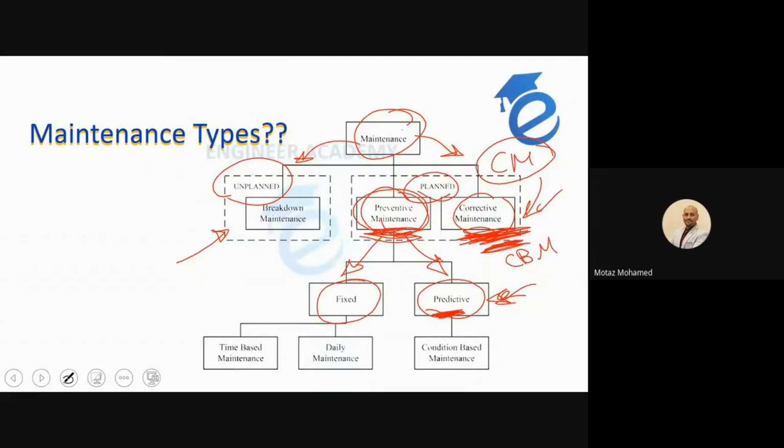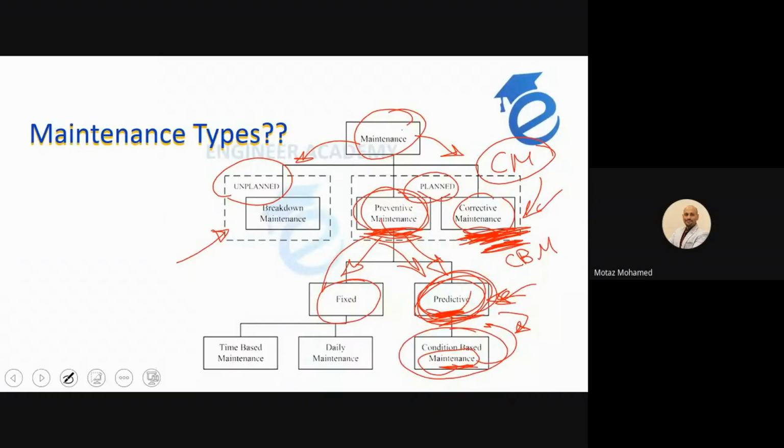That's why we classify the preventive maintenance into both fixed and predictive. But as I told you, predictive here is related to condition monitoring. According to this predictive maintenance, you get a result or report according to the machine condition. Then you do what? Condition-based maintenance. Condition-based maintenance depends on condition monitoring.